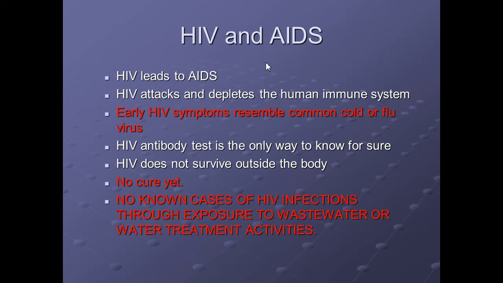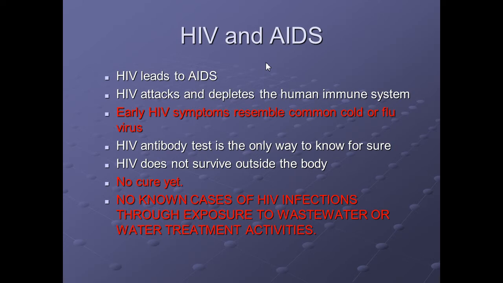But early symptoms of the HIV, which leads to the disease of AIDS, that's the acquired immune deficiency syndrome. I don't know if I had that in the previous slide or not, but that's what that means. And your AIDS is coming from your bodily fluids, such as blood, semen, vaginal secretion.